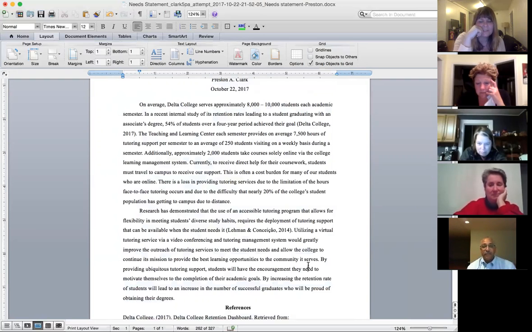I think if you added one sentence in there between the two paragraphs that she was being picky with, you would be able to write one sentence that bridges the encouragement and completion of academic goals and continued success in the college, leading to completion of their degree. Right in there. Just one short sentence.